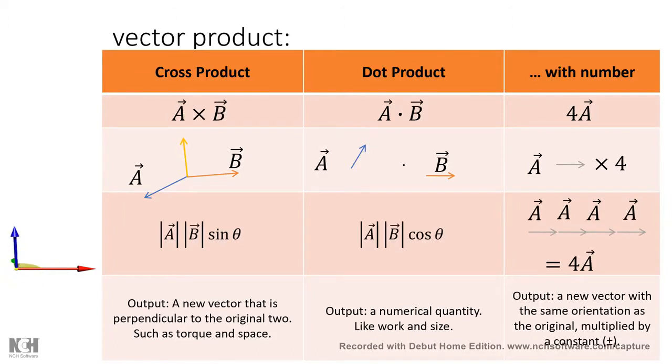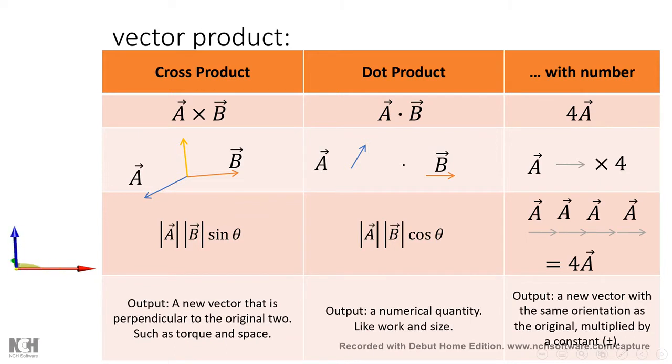Okay, we have vector product. We will face this operation in the future many times, but I will talk briefly about it now. We have more than one way to take the product of vectors.